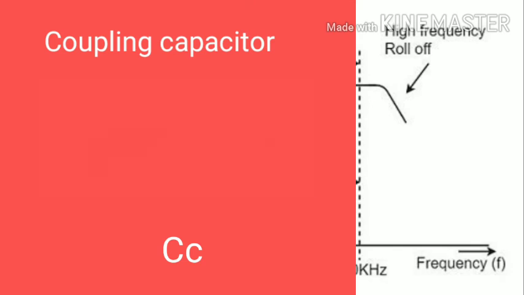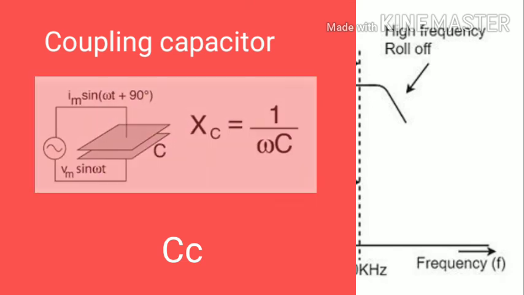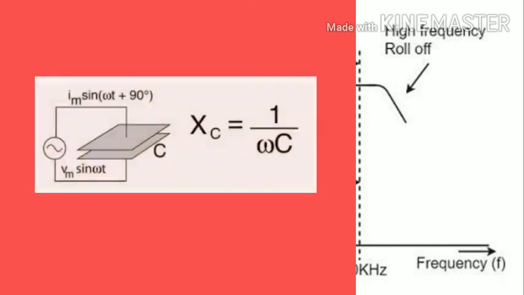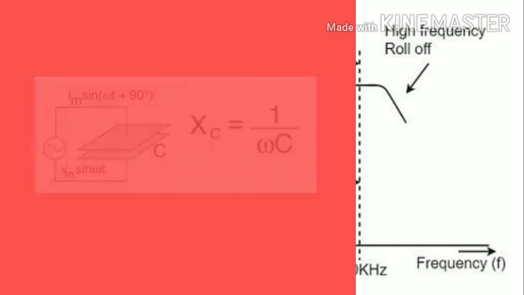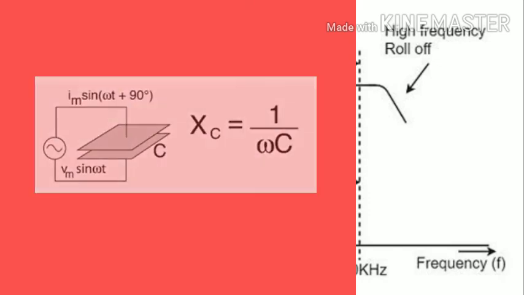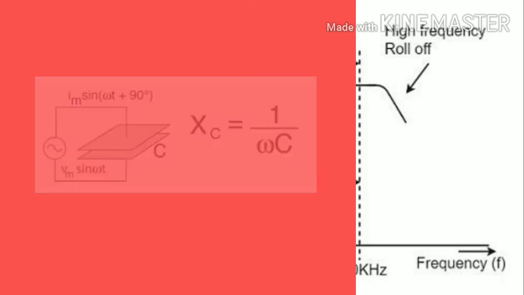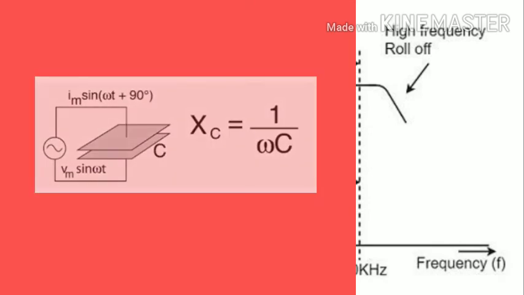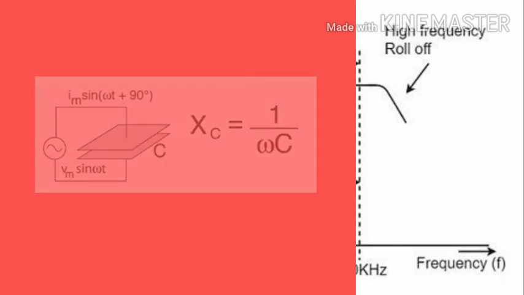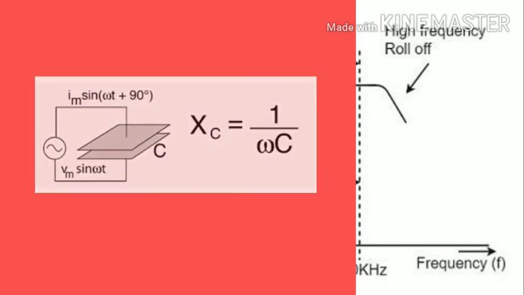This increases the loading effect of the next stage and serves to reduce the voltage gain. Also, at high frequency, the capacitive reactance of the base emitter junction is low, which increases the base current. This reduces the current amplification factor beta. Due to these two main reasons, the voltage gain drops at high frequencies.